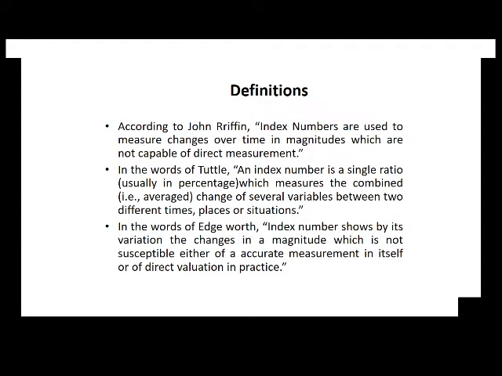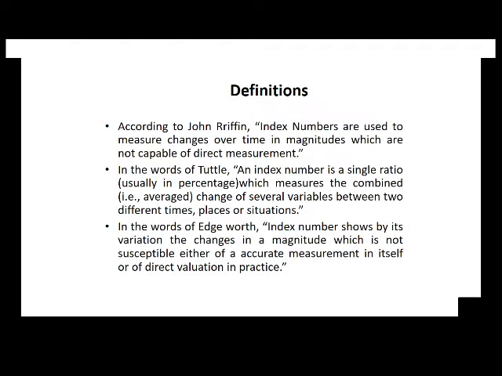According to John Riffin, index numbers are used to measure changes over time in magnitudes which are not capable of direct measurement. In the words of Tuttle, an index number is a single ratio, usually in percentage, which measures the combined, that is an average, change of several variables between two different times, places, or situations.